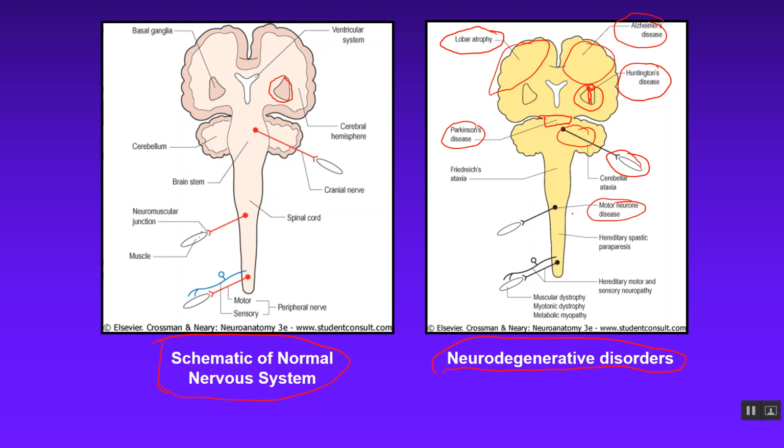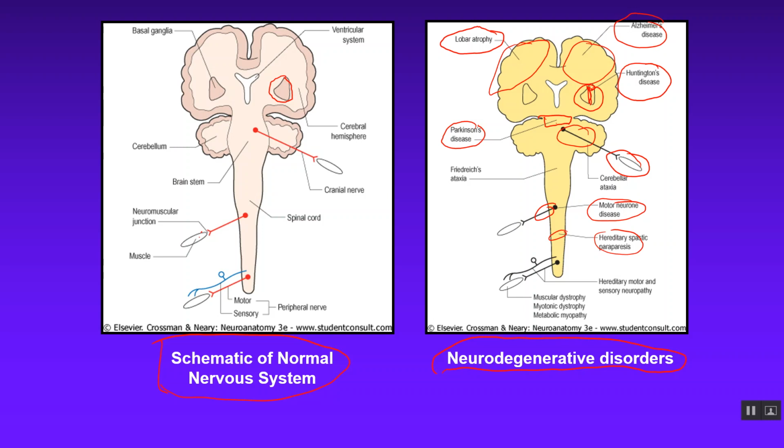Motor neuron disease, which is amyotrophic lateral sclerosis, ALS, can affect the motor neurons. Hereditary spastic paraparesis can affect the spinal cord, and the pathways in the spinal cord. So you can see really quickly what disorders are common and what parts of the nervous system they're affecting.